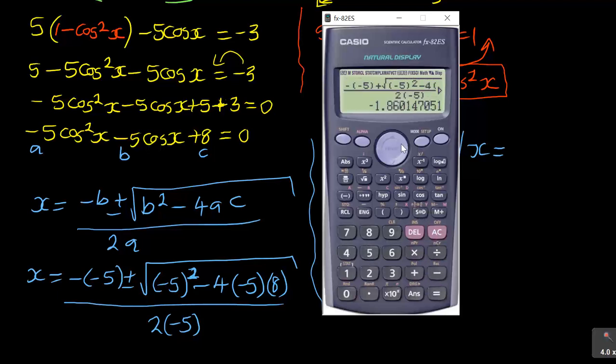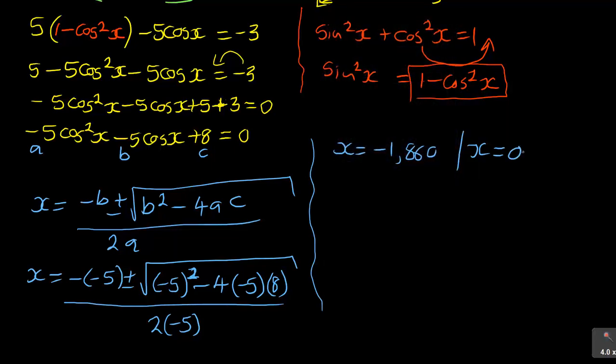Remember, press playback to change there. You do that, press equals, you get that one, shift, setup, 6, and to 3 decimal places. And then you press equals again, it is 0,860. We've got two values of x, either x is that or that.